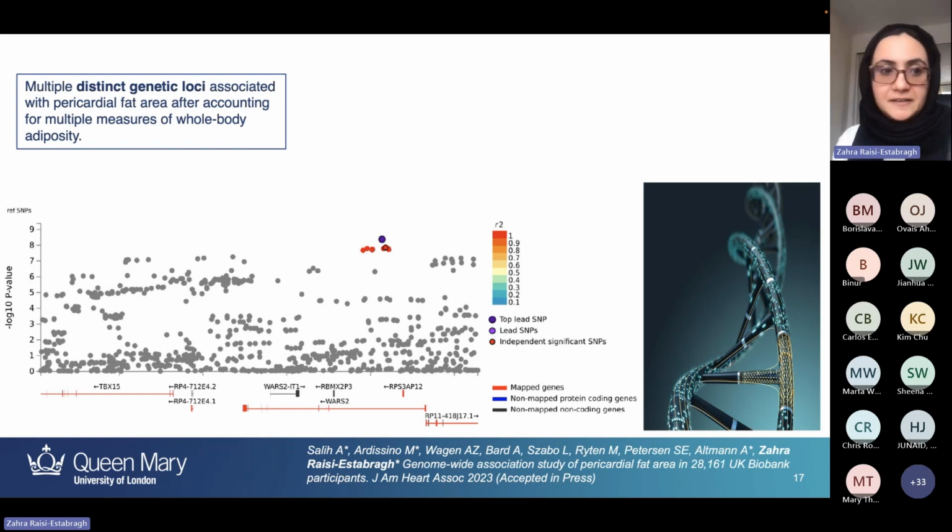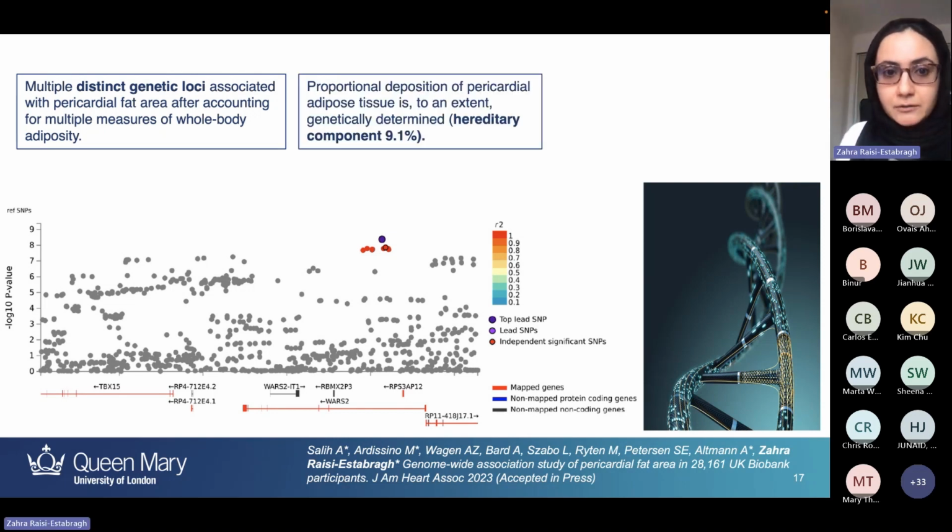And in doing so, we identified multiple distinct genetic loci associated with pericardial fat area. And this was after accounting for multiple measures of whole body adiposity. Our results showed that the proportional deposition of pericardial adipose tissue is to an extent genetically determined, with a hereditary component estimated at around 9%.